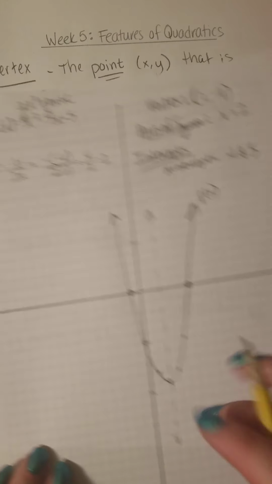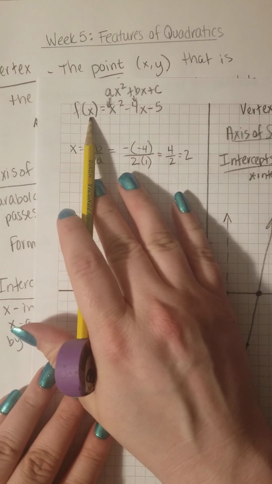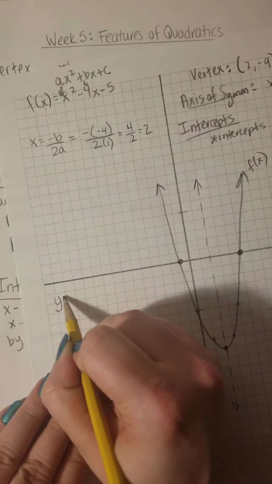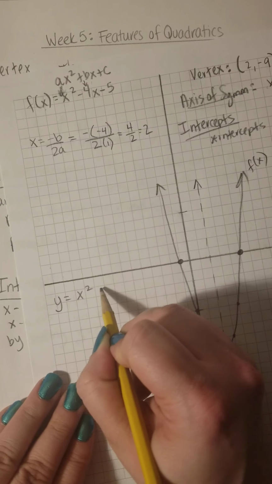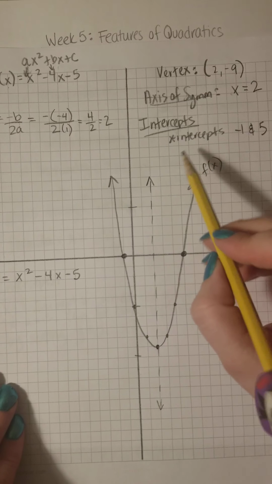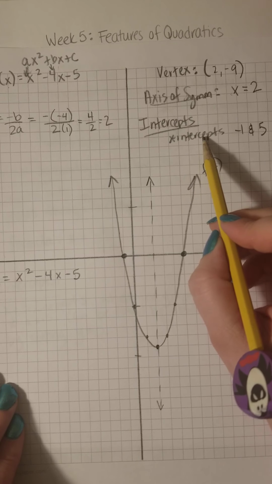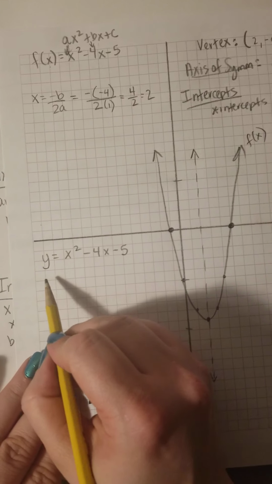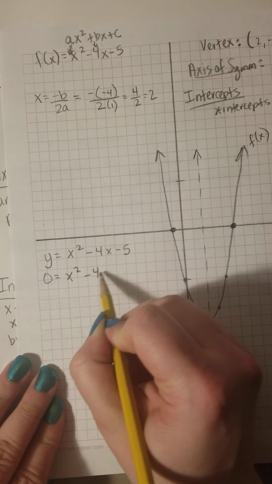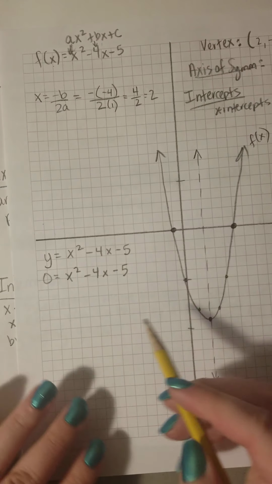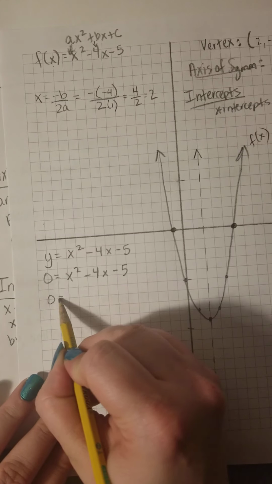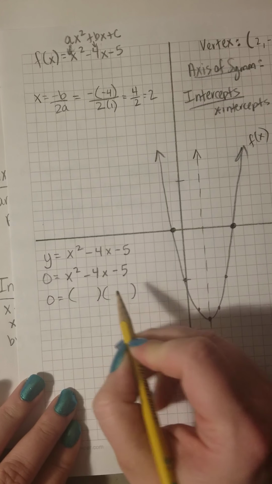We talked previously about how f of x is really like y. So if I was to try to do this, I'd have y equals x squared minus 4x minus 5. And I said that to find my x-intercepts, I set y equal to 0. So if y is 0, the only thing that's changed so far is that. But we talked about this before, how this is kind of like our simple factoring. If we needed to, we could break this up.